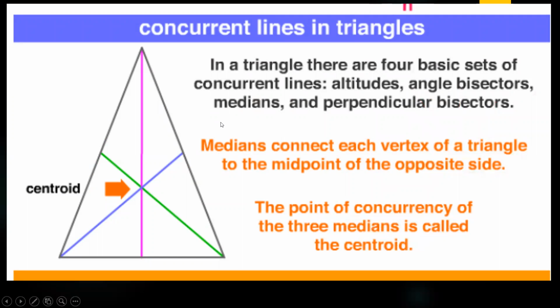Now, what if these concurrent lines come in triangles? Let's put them in triangles.